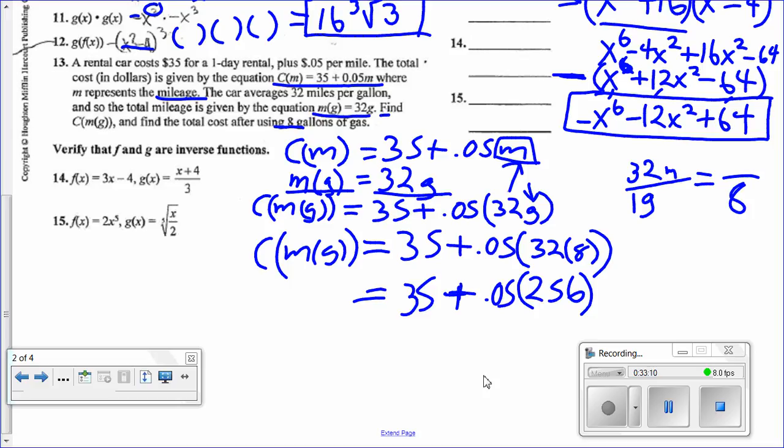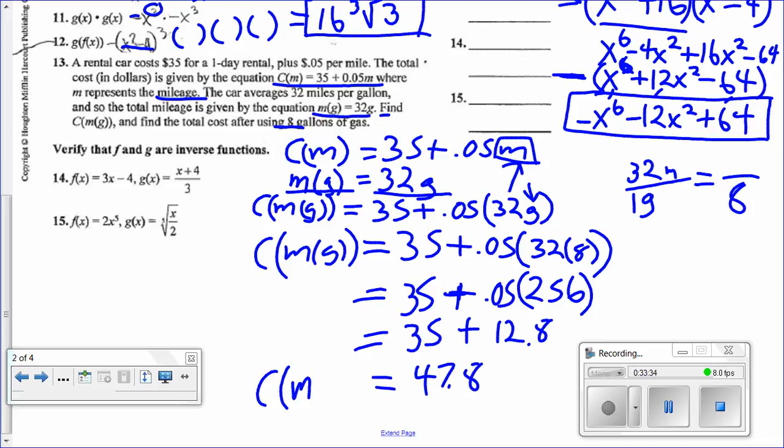So if we take 0.05 times 256, that gives us 12.8, and we just add 35, so we're at $47.80 is our total cost, C of M of G.